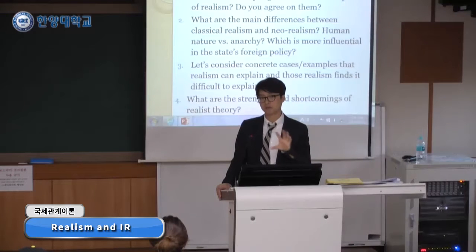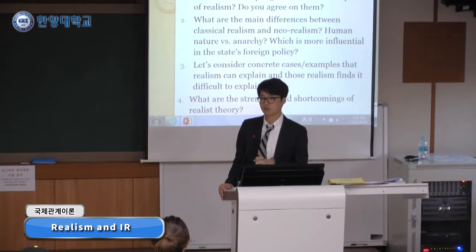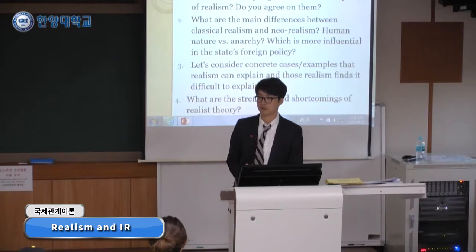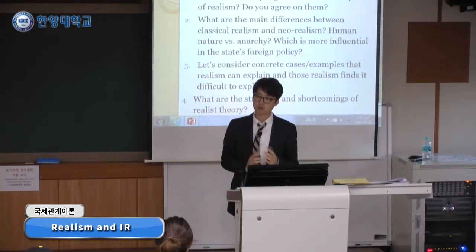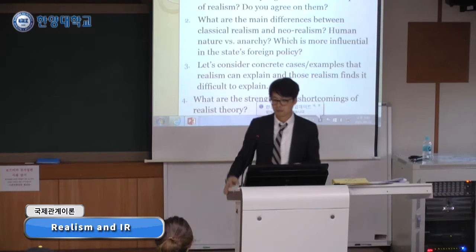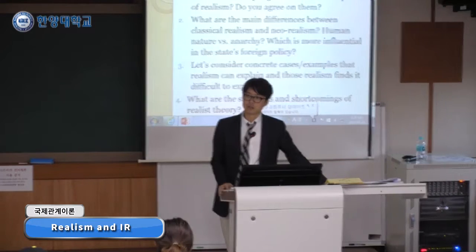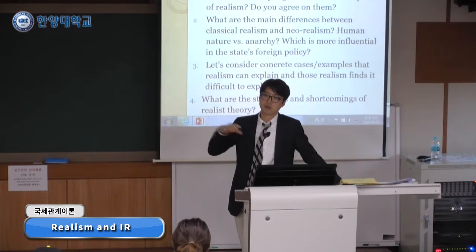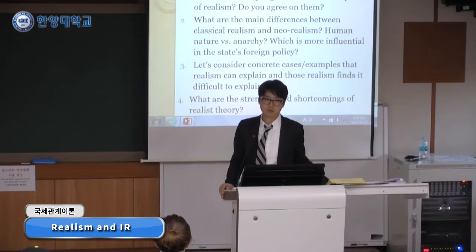There are different types of theory, as I explained before. Most of the discussion regarding immigration or the immigrant crisis is from a normative perspective, because they are simply interested in right or wrong, good and bad questions. But as an explanatory theory, realism doesn't really care about the moral dimension, such as refugee issues in international politics.